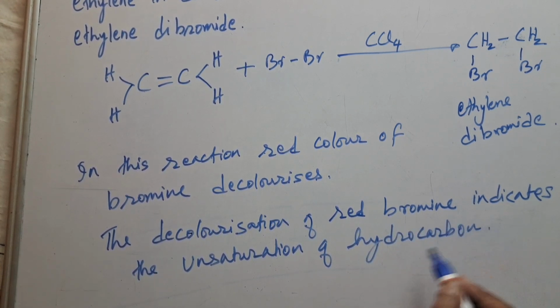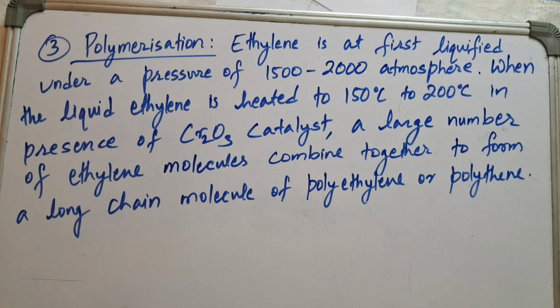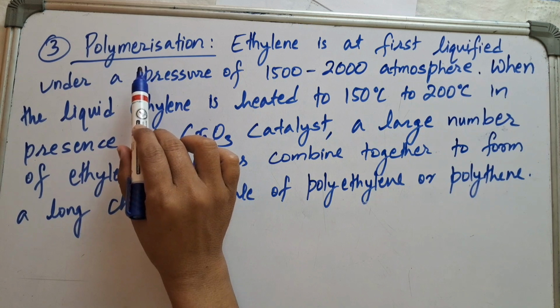This reaction indicates that this hydrocarbon, ethylene, is unsaturated hydrocarbon. Okay, now let us see the next type of reaction. Now let us see the third type of reaction, polymerization reaction.